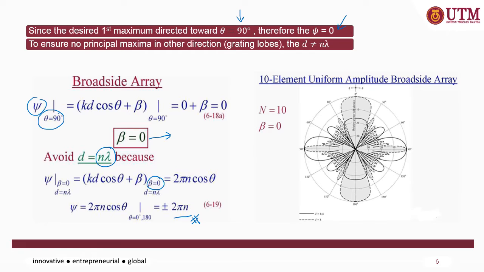So the maximum beam will appear at theta equal to 0 and or 180 degrees, not as we expect, the maximum radiation at theta equal to 90 degrees. Therefore we need to ensure that when beta equals 0, all antennas are fed with equal magnitude and in phase, so psi should be equal to 0.